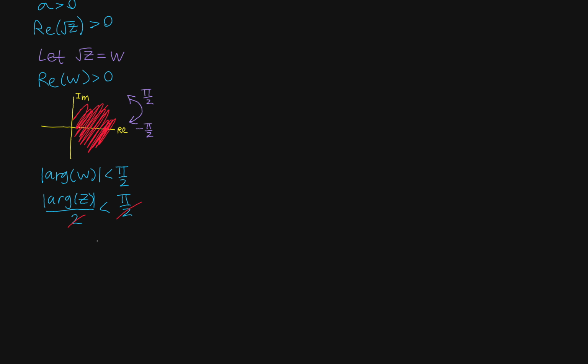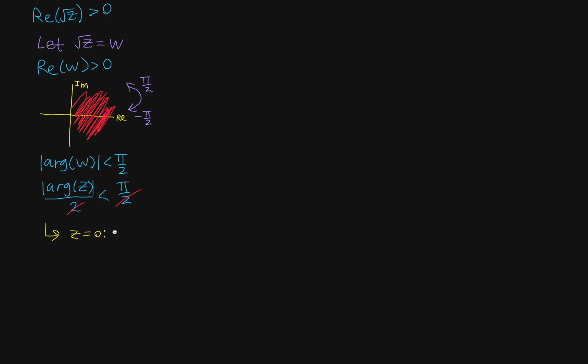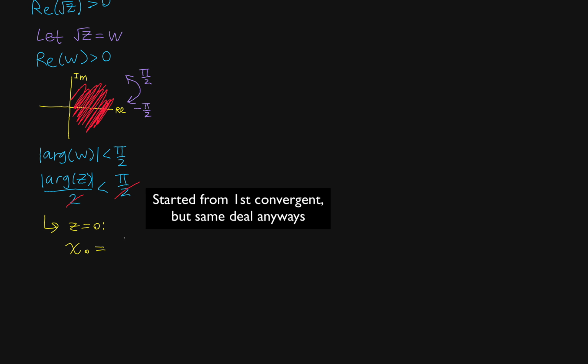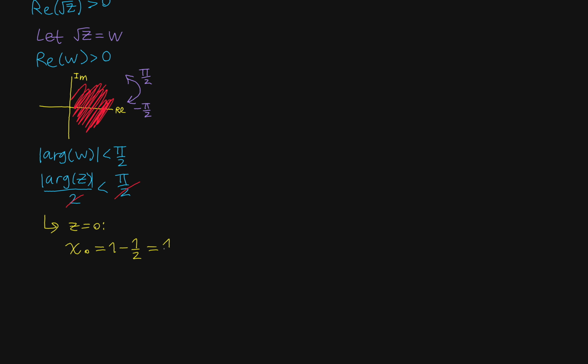So here's the deal. It seems like this works exclusively for the absolute value of the argument of z strictly less than pi. However, we also have that this will actually work for 0, but we have to start from the beginning. If we have z equal to 0, we're going to have the 0th convergent equal to 1 minus 1/2, which is equal to 1/2.